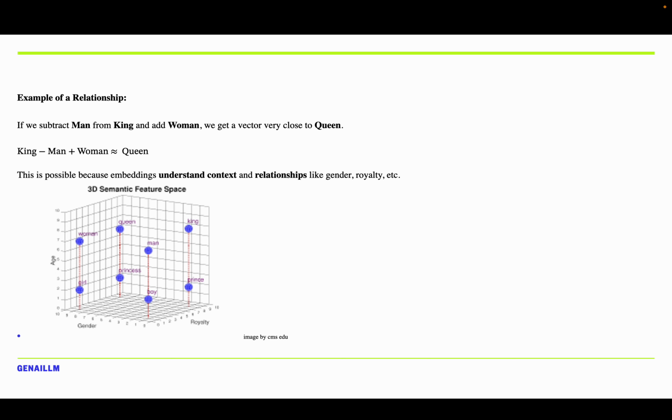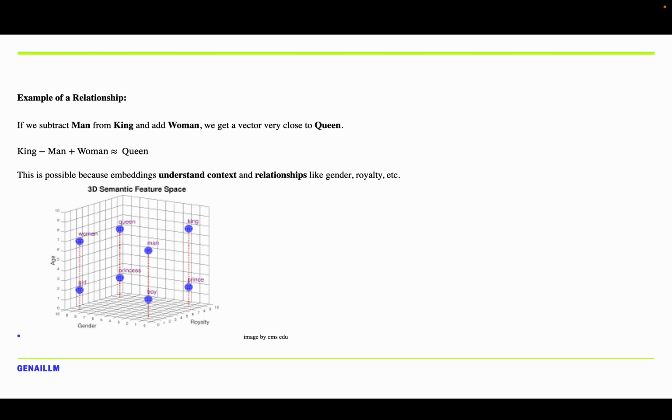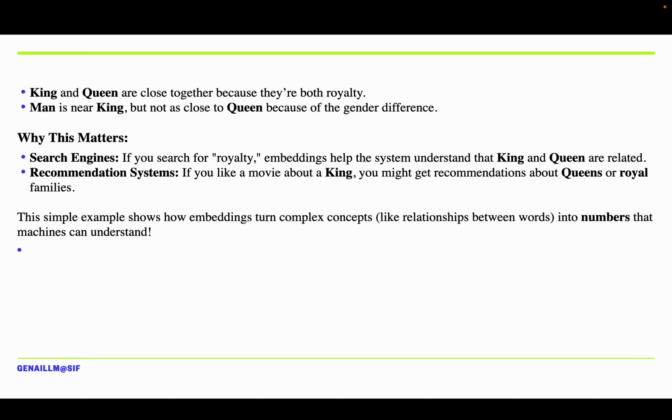You can see here that queen is much nearer to woman and man is nearer to king. Thanks for this image, CMS Edu. This is possible because embeddings understand context and relationships like gender and royalty. King and queen are close together because they are both royalty. Man is near to king but not as close to queen because of gender differences.